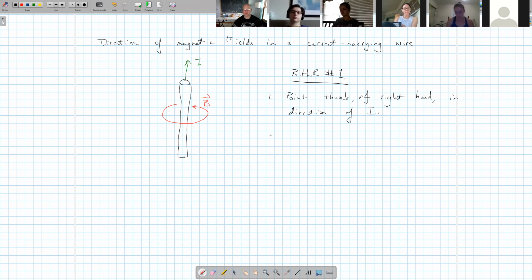Step number 2, curl your fingers in the direction of the magnetic field. Okay.